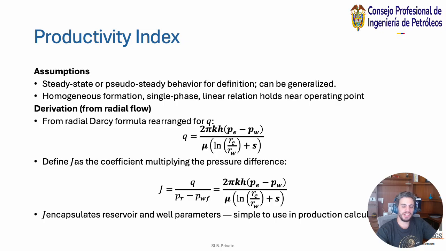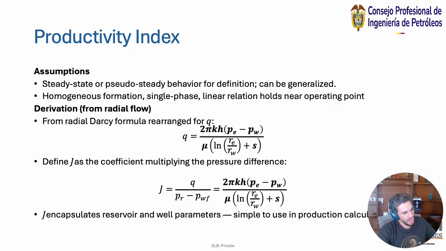We've defined the productivity index as Q over PR minus PWF. So now we just take that Q and plug it into this equation. And it's relatively simple, right? You see this change in pressure over this change in pressure gets canceled out, and you're left with this fraction of 2 pi multiplied by the permeability multiplied by H, divided by mu multiplied by the natural log of the radius of the reservoir over the well plus the skin factor.